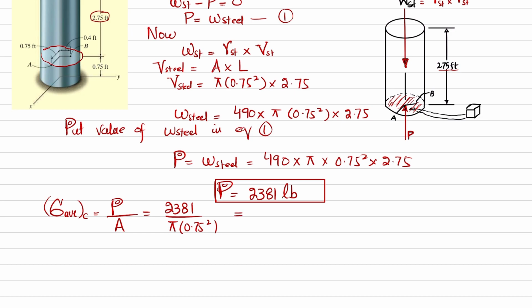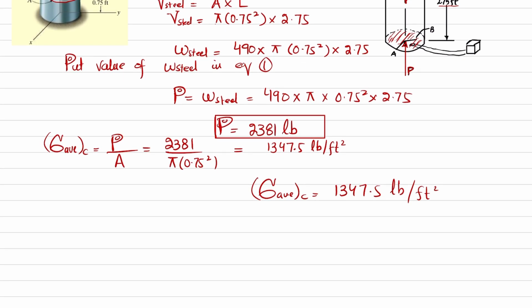When you solve this, it will be equal to 1347.5 pounds per square feet. This is the average compressive stress.